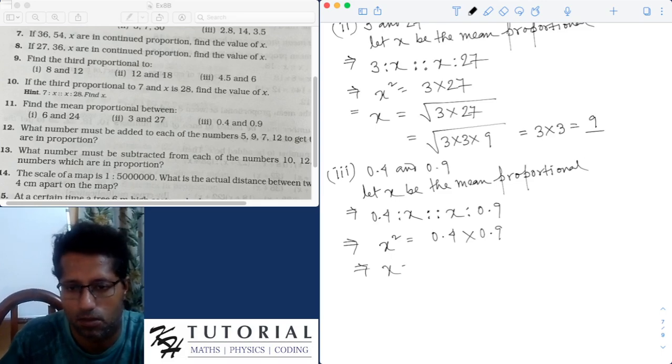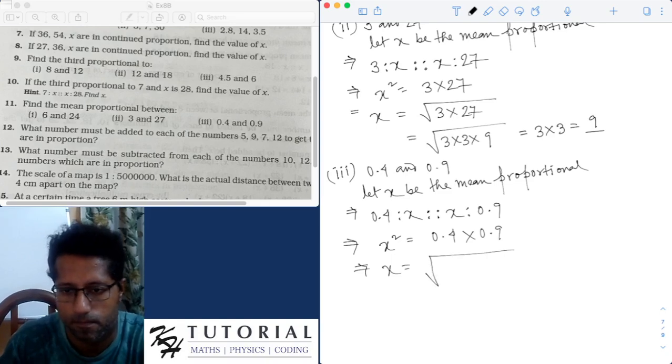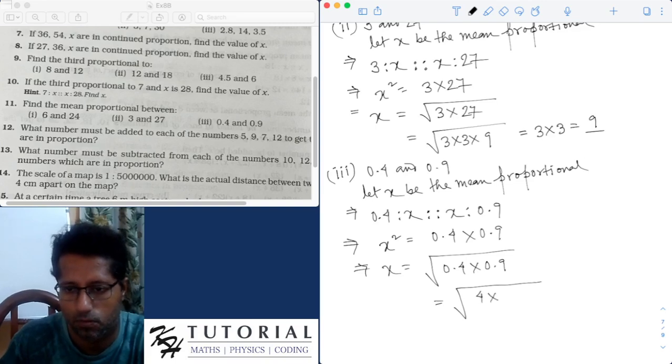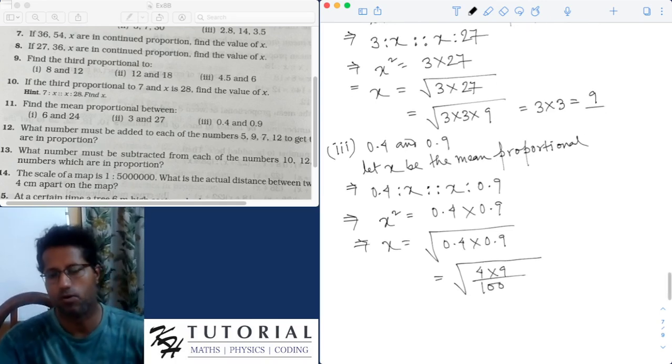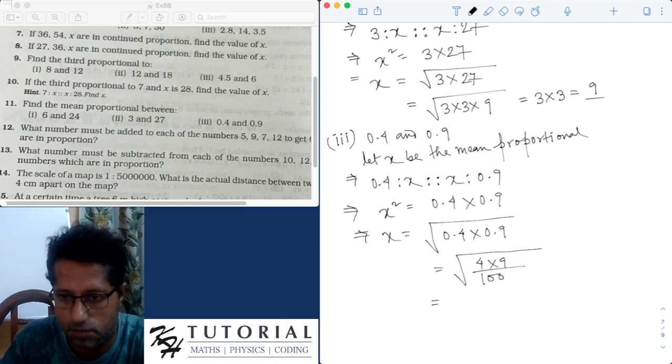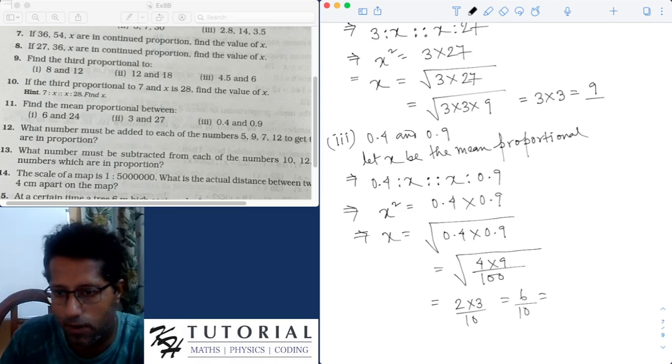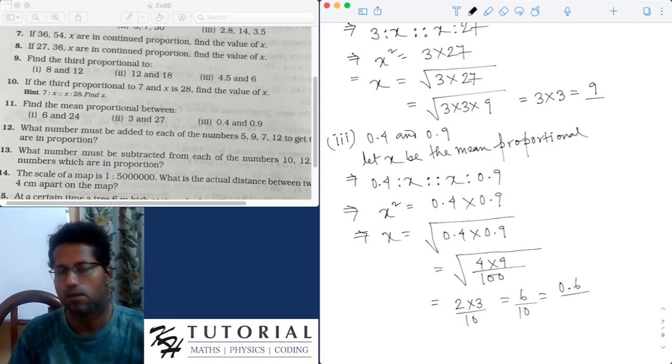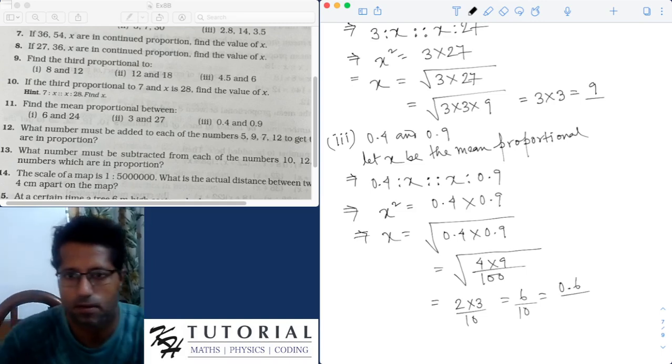This implies x equals root over 0.4 into 0.9. This is root over 4 into 9 by 100. 0.4 is 4 by 10 and 0.9 is 9 by 10. So in the denominator we will have 10 into 10. Now this is 2 into 3 by 10, 6 by 10. So this is 0.6. So 0.6 is the mean proportional between 0.4 and 0.9. Okay.